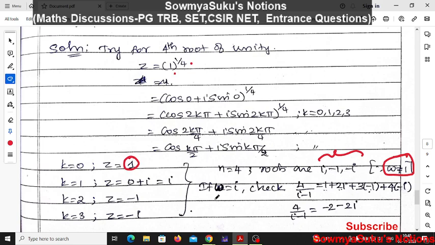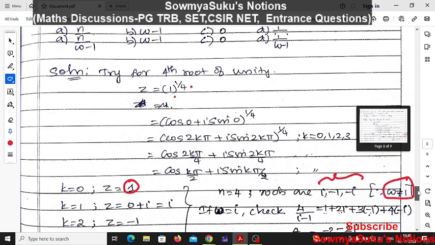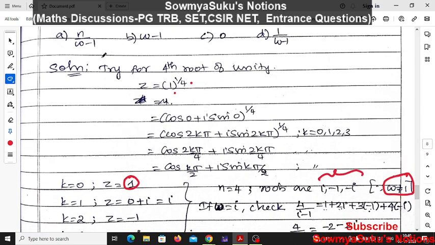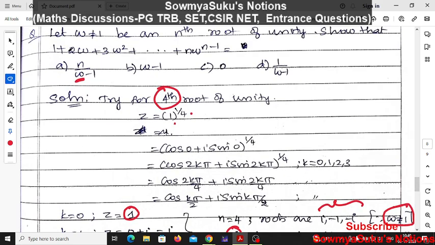Okay, so omega is equal to i. I am taking the first one, omega equal to i. So while substituting this in the option, n divided by omega minus 1. So I tried here the fourth root of unity. So n is equal to 4. Now I took omega. The root here is what? i. So i minus 1, which you can substitute in the question. 1 plus 2i plus 3i square.